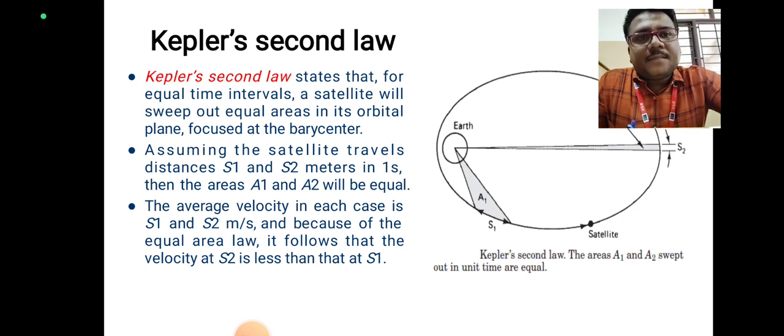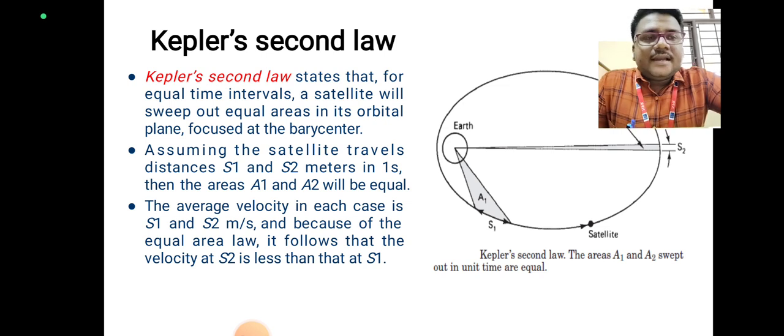Next, second is Kepler's second law. The statement of Kepler's second law is that for equal time intervals, a satellite will sweep out equal areas in its orbital plane, focused at the barycenter. When a satellite is very close to the Earth, it covers some area, let us say A1, in the time period S1.